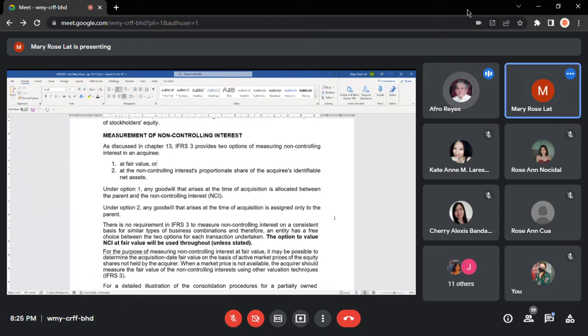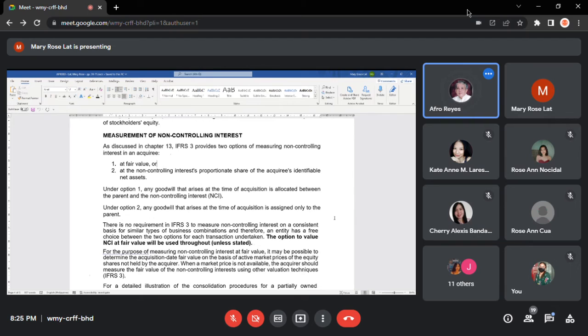So, yung subsidiary, at that date of acquisition, meron siyang statement of comprehensive income.